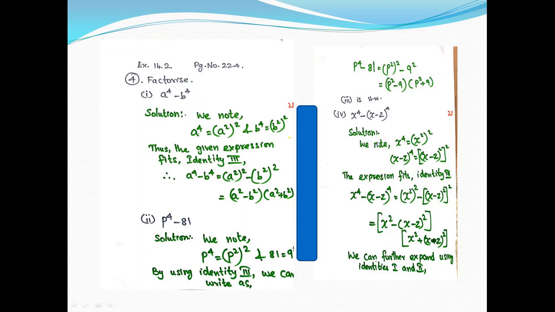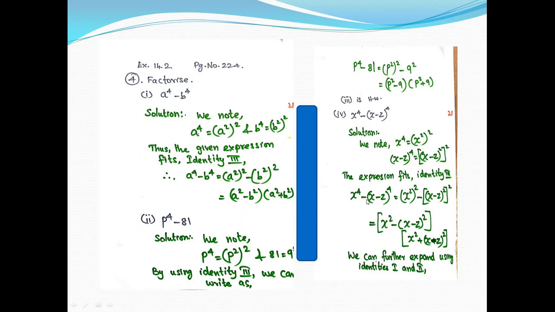Okay, so the solution for this given expression is, x to the power 4 can be written as x square to the whole square, x minus z to the power 4 can be written as x minus z square to the whole square, that is, x minus z inside the bracket square, then make a square bracket to make the whole square of this expression. So the expression fits the identity number 3.